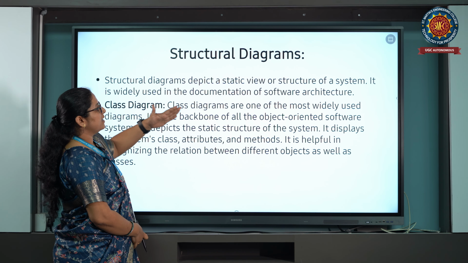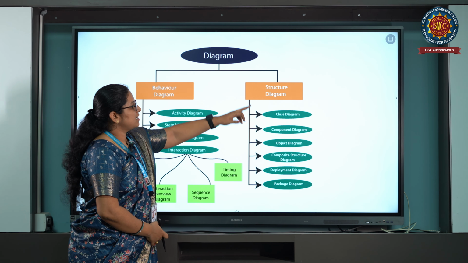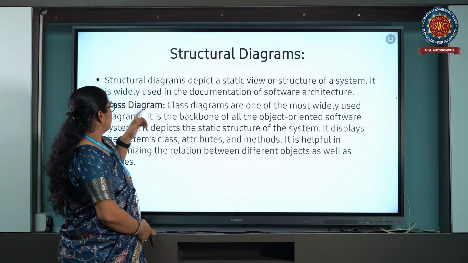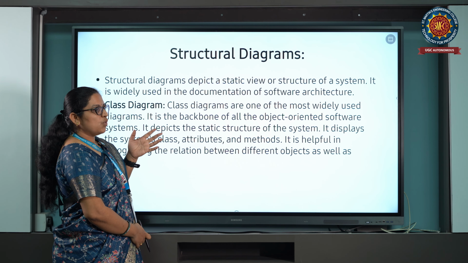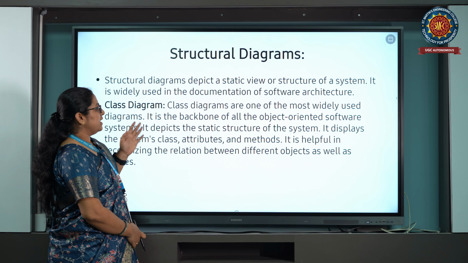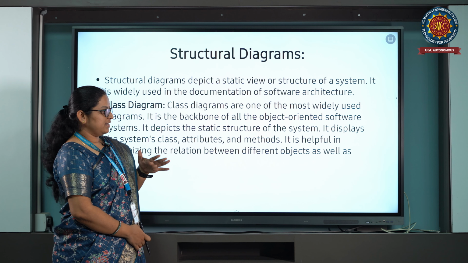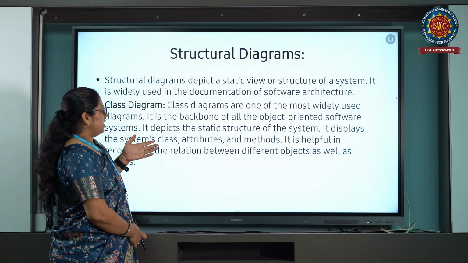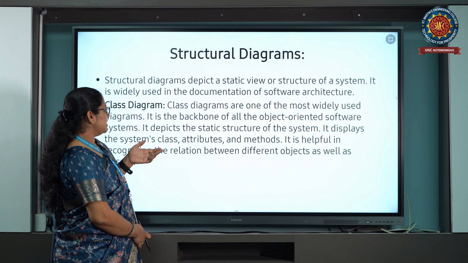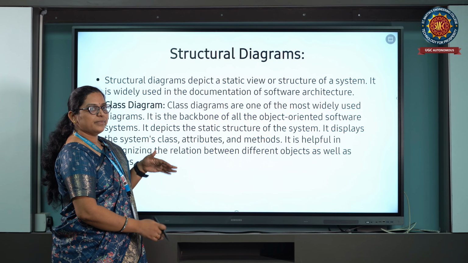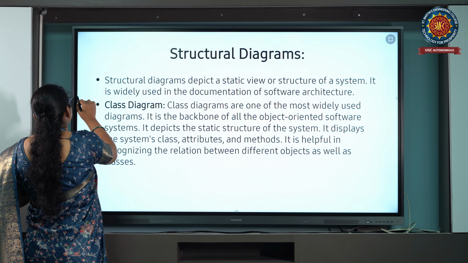In structural diagram, we have the class diagram. The class diagram is one of the most widely used diagrams. It is the backbone of object-oriented software systems. It displays the system's class attributes, objects and methods.